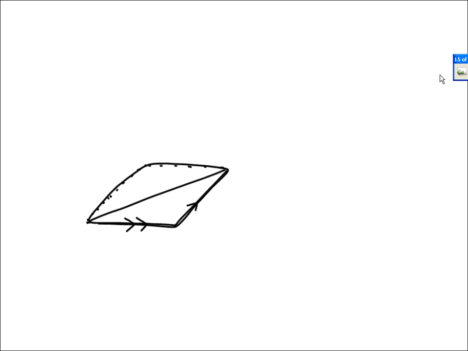Again, it's just one determinant. Find the value of one determinant and take the absolute value of it. So suppose you have this parallelogram. I want you to think it's a rhombus.